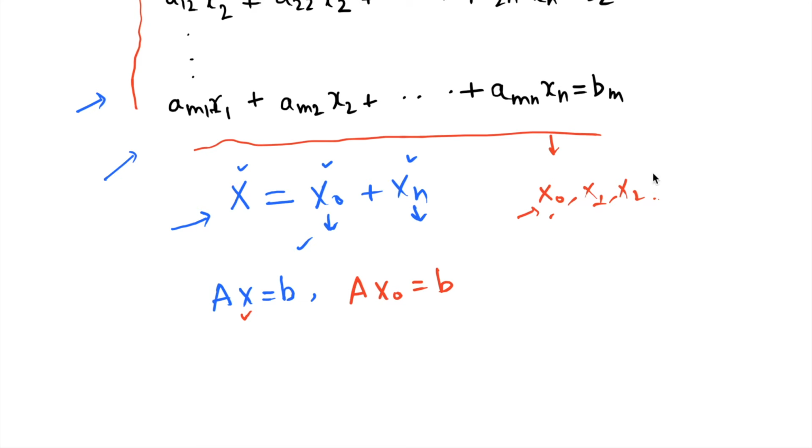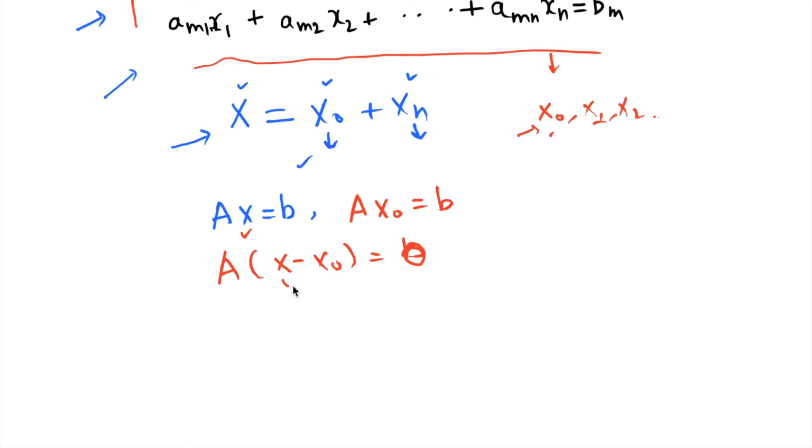If we subtract these two, we get Ax minus A x naught equal to b minus b, sorry, equal to 0. So hence A times (x minus x naught) equals 0, and let's call x minus x naught xh. So xh is the solution for the corresponding homogeneous system of linear equations.